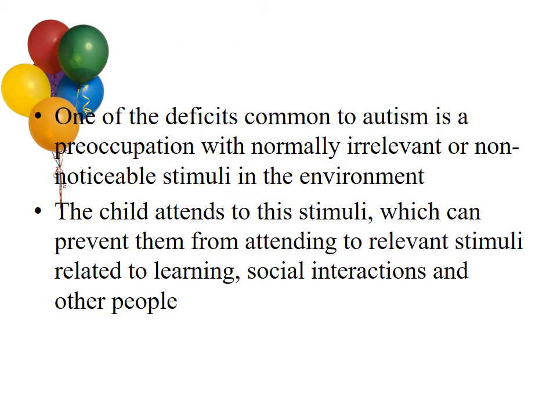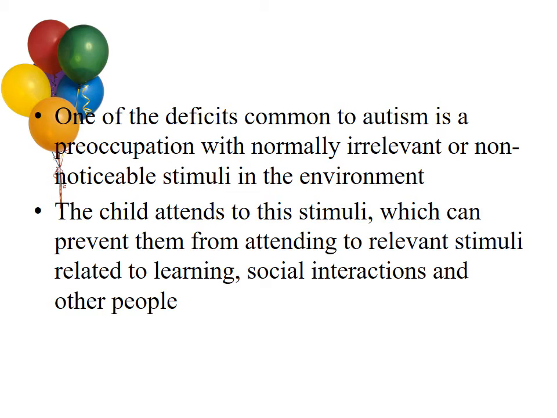One of the deficits that is common to autism is a preoccupation with normally irrelevant or non-noticeable stimuli in the environment. When the patient attends to these stimuli, this can prevent them from attending to relevant stimuli related to learning, social interactions, and other people.